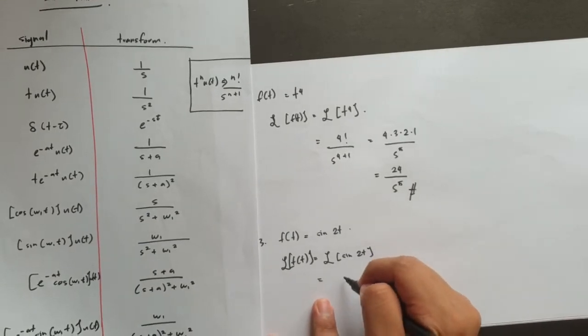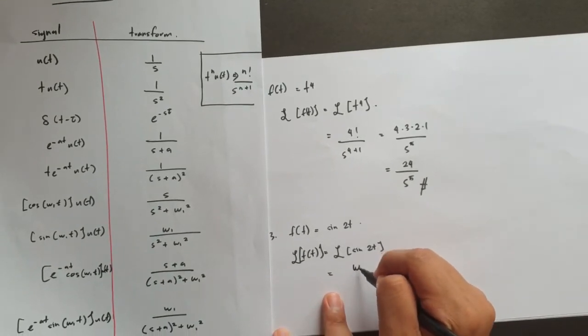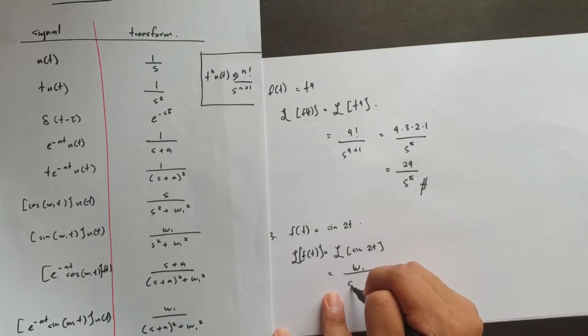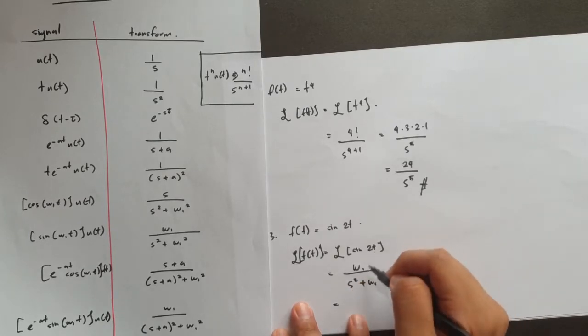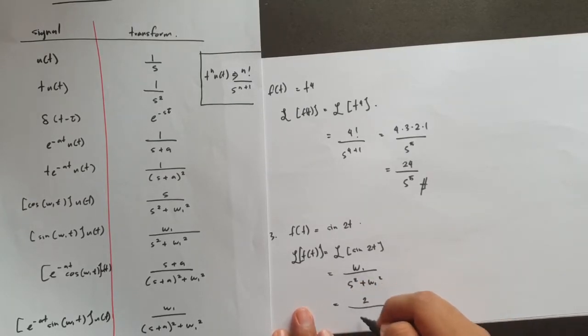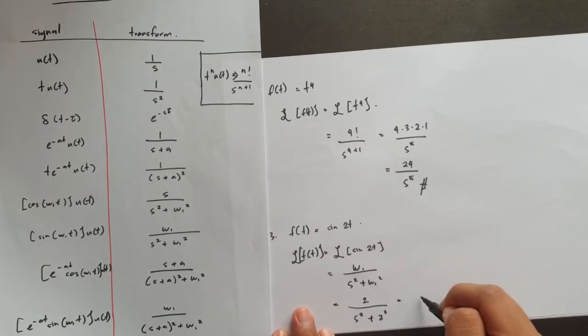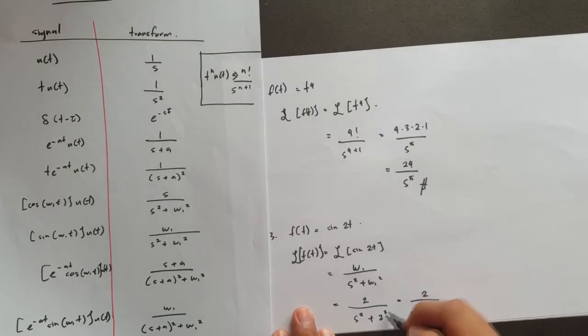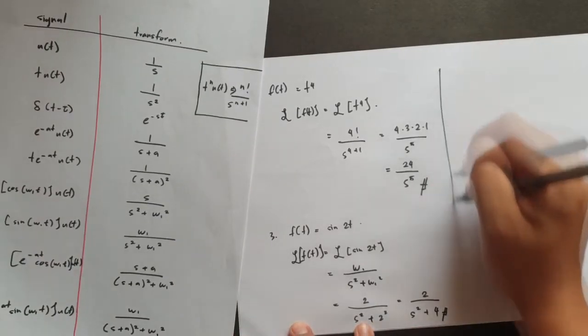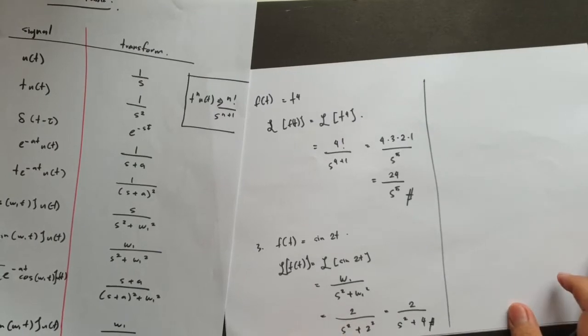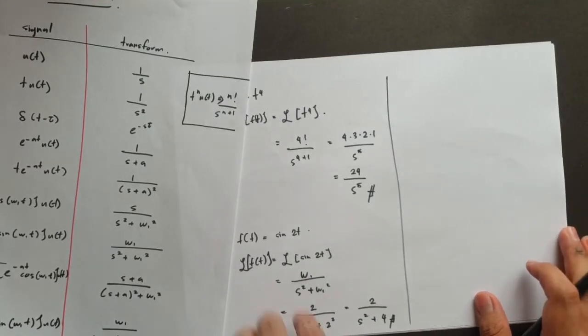You can use ω over s² plus ω², so that is 2 over s² plus 2², and 2 squared is 4. Simple, right? Okay, so we go for the next question.